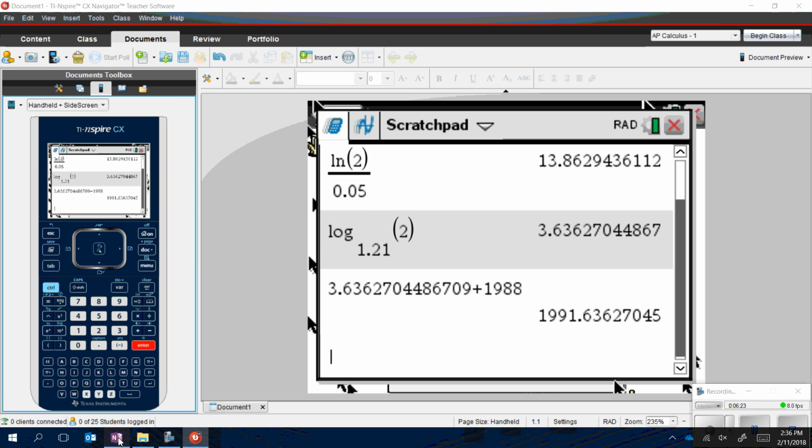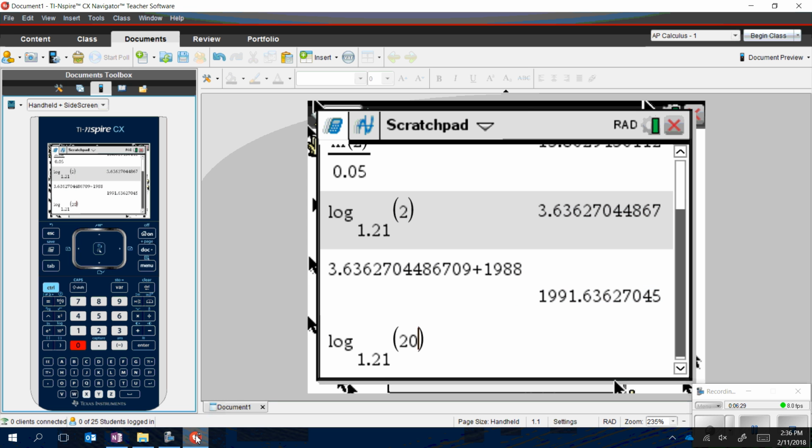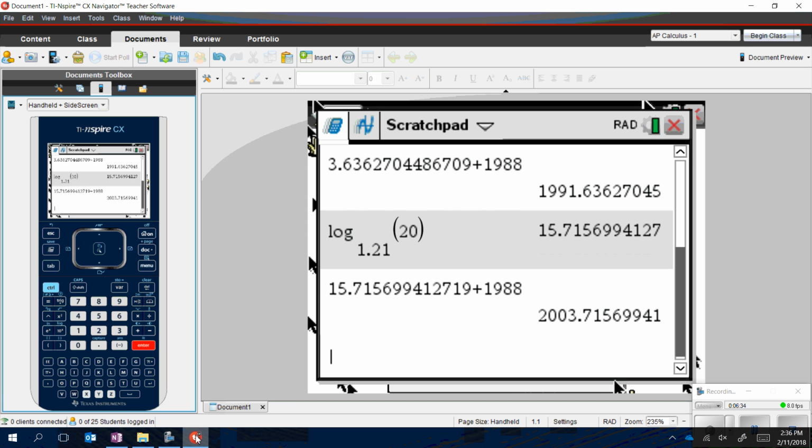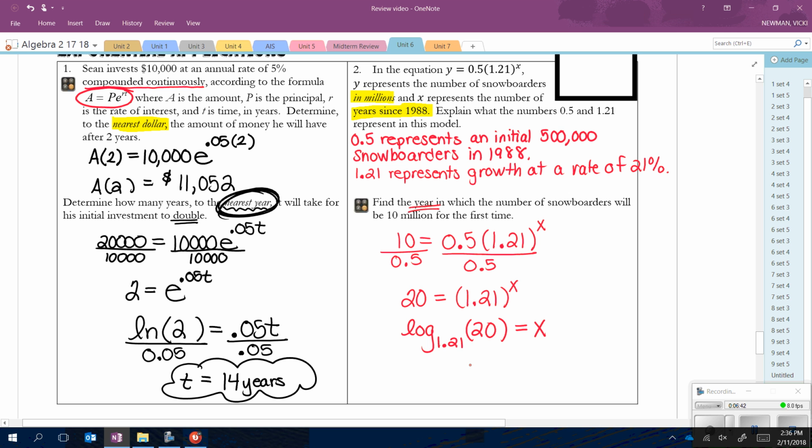Did I type that right? 20. Hello, Newman. No wonder I felt crazy. You've got to tell me when I do those things. 20. There we go. Plus 1988. How about 2003? So if we're 0.7 of the way through 2003, we're still in 2003. So 2003. Wonderful.